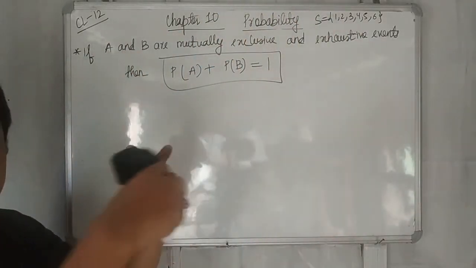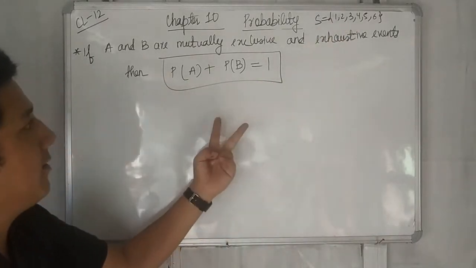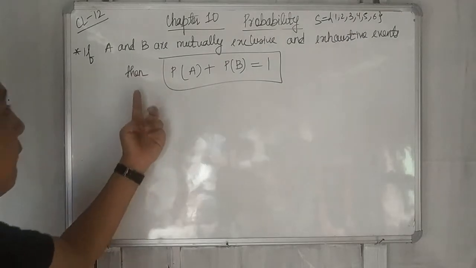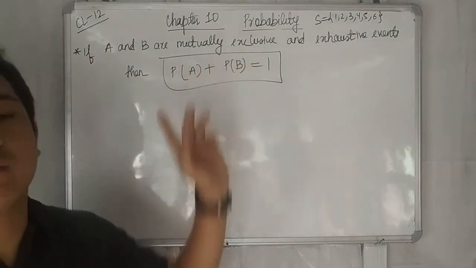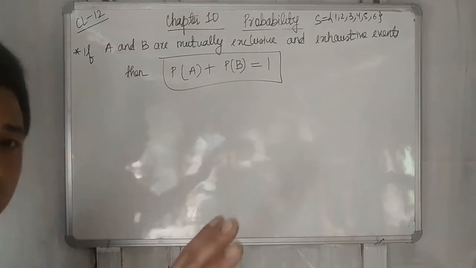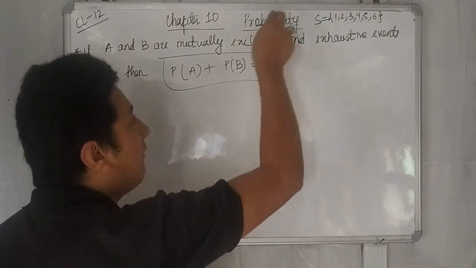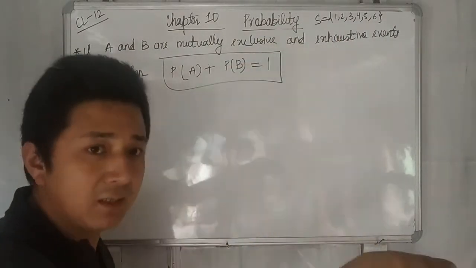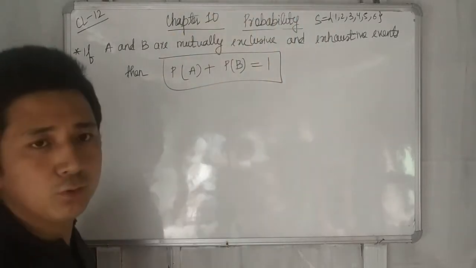If intersection is empty and if I take the union, then I'm getting the same sample space. Then the formula is probability of A plus probability of B is always going to be 1. If A and B are two events which are mutually exclusive and exhaustive at the same time, then P(A) plus P(B) is always equal to 1.